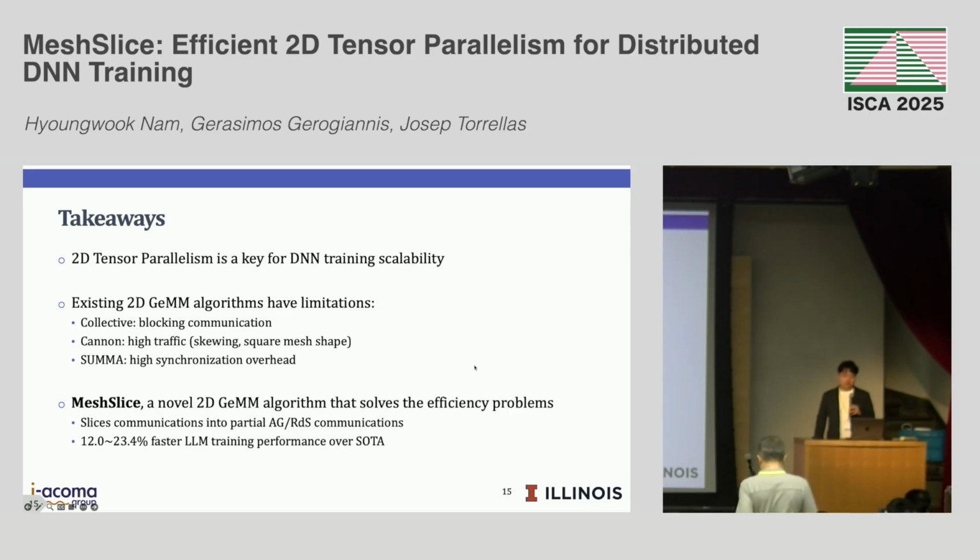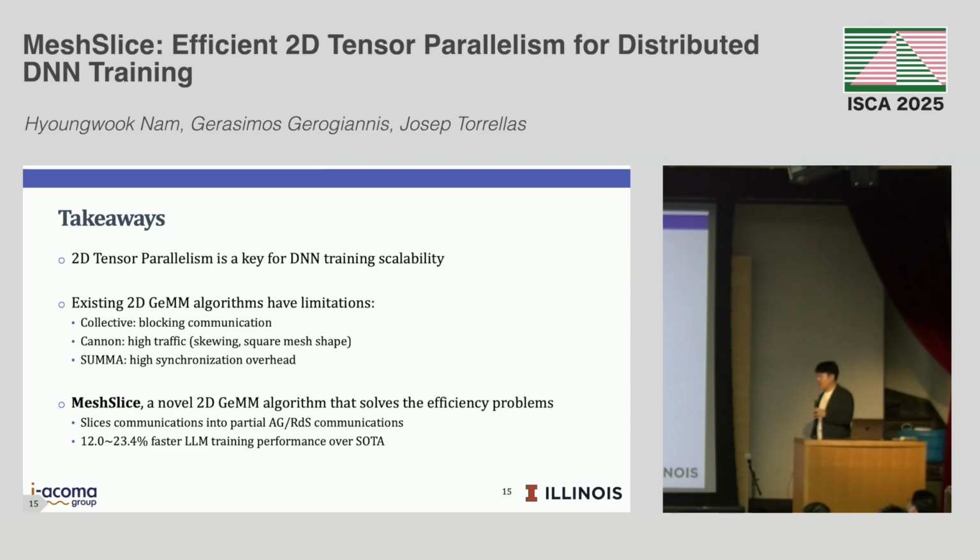So the takeaways here are, first, 2D tensor parallelism is key for achieving extra scalability of DNN training. But existing 2D GEMM algorithms have limitations: collective ones do blocking communication, Cannon has very high traffic because of skewing and the square mesh requirement, and SUMMA incurs high synchronization overhead.